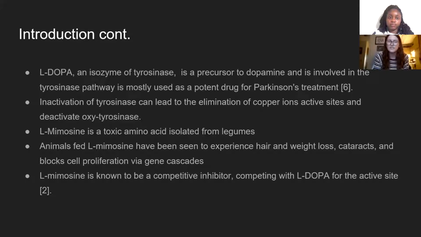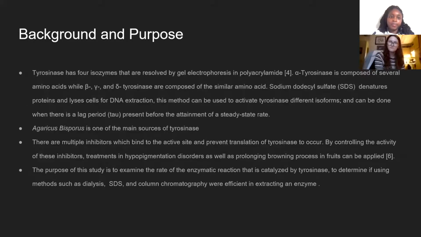L-mimosine is known to be a competitive inhibitor. It is a slow competitive inhibitor, and it competes with L-DOPA for the active site in tyrosinase. As we all know, tyrosinase has four enzymes that are resolved by gel electrophoresis in polyacrylamide. Alpha tyrosinase is mainly composed of several amino acids, while the beta, gamma, and delta tyrosinase are composed of almost the same amino acids.